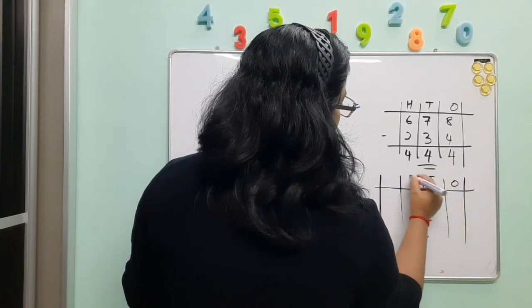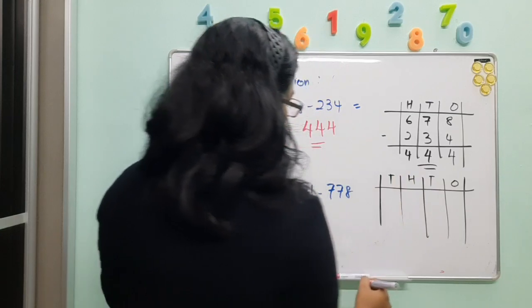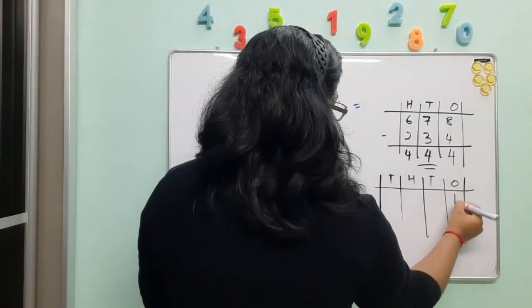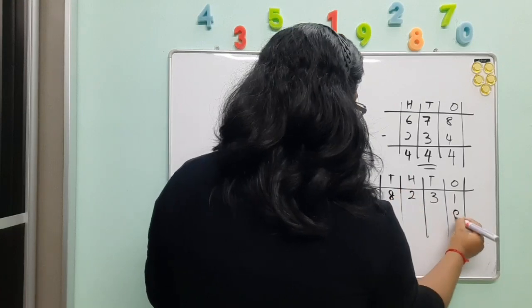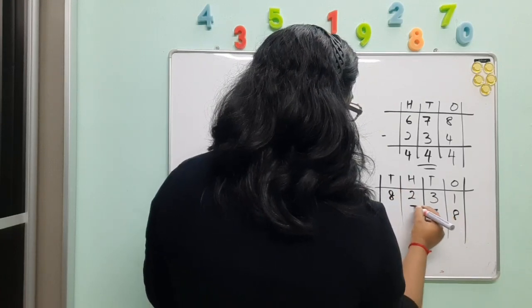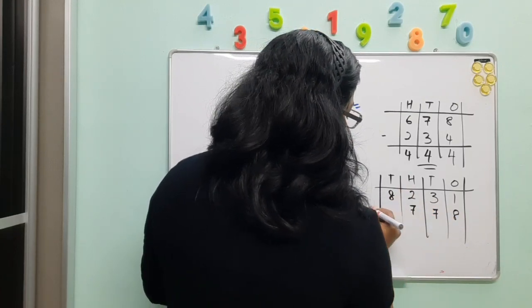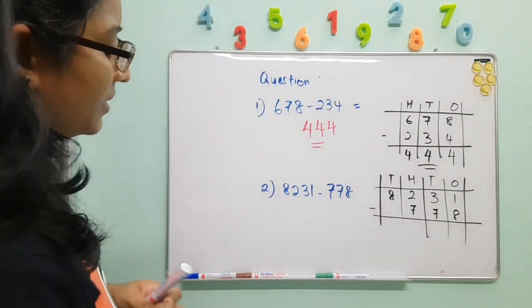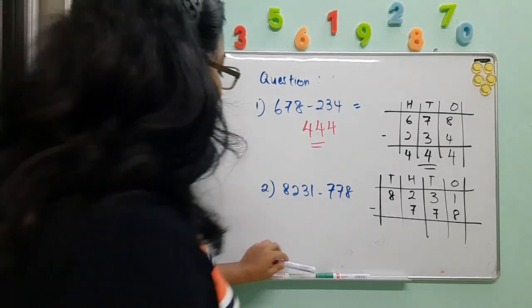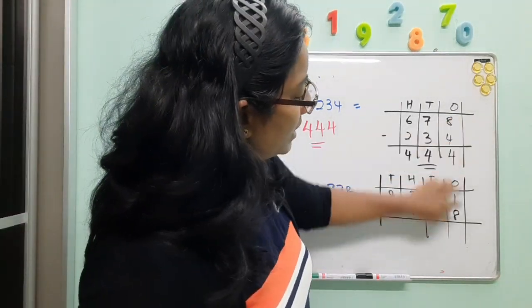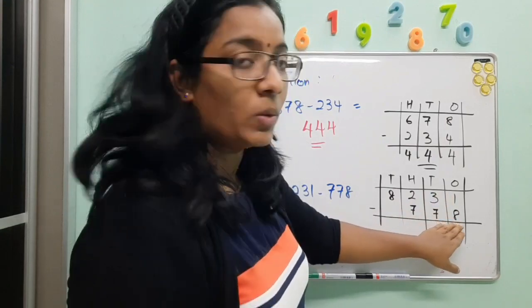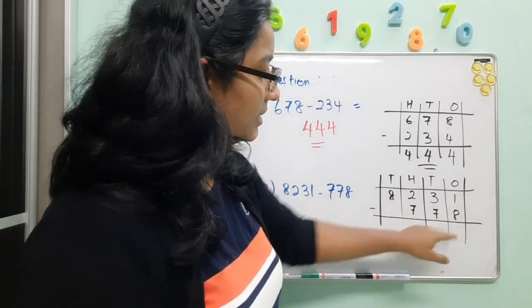Ones, tens, 100, 1,000. Okay, you can see over here 1 minus 8. 1 is less than 8.